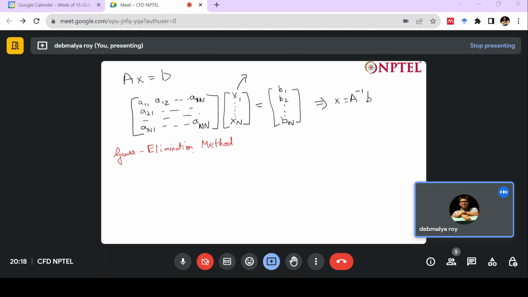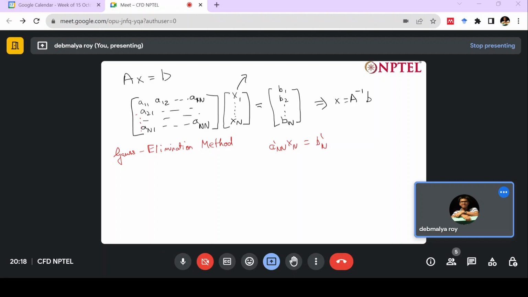In Gauss elimination, we try to make variables zero. We target one equation, let's say the last equation, and try to make a n1 to a n n-1 all zero, such that it will only be some different a dash nn xn equal to some other b dash n.